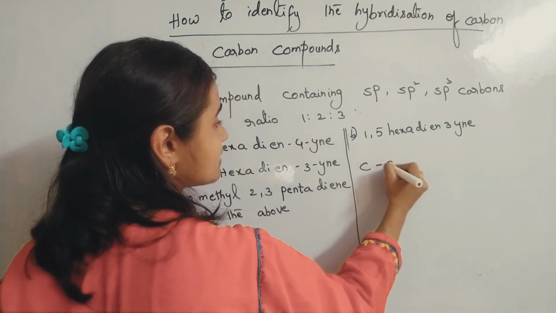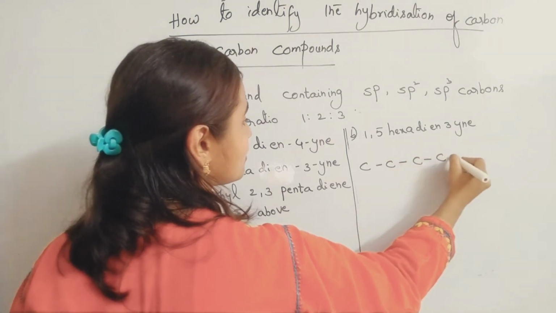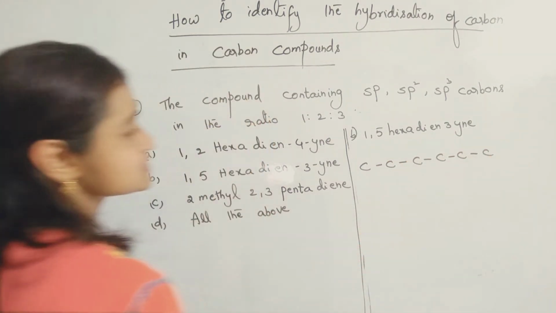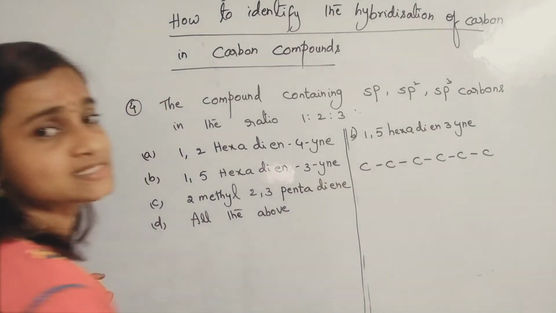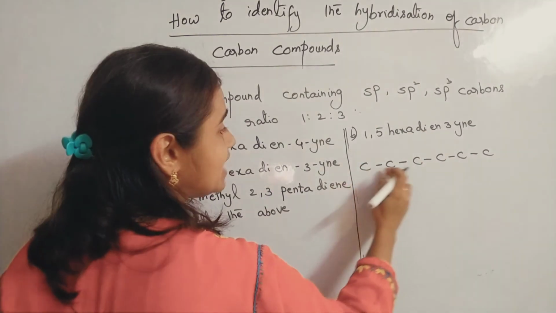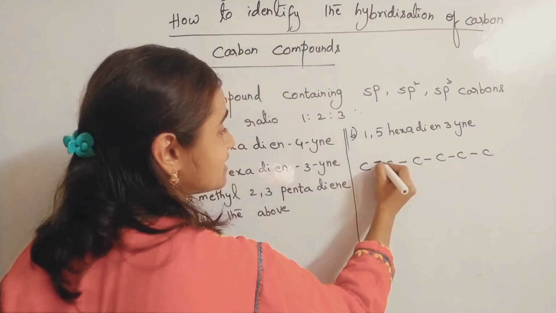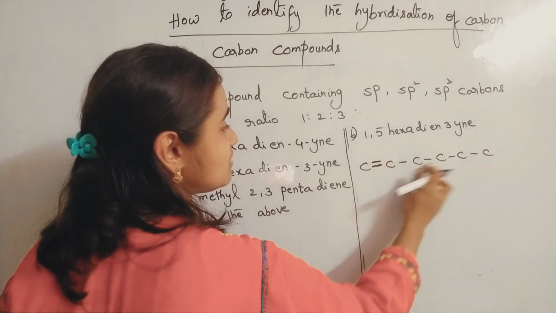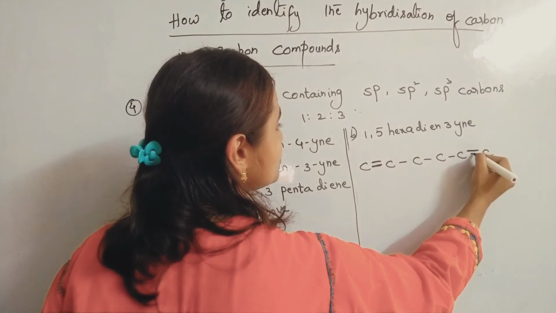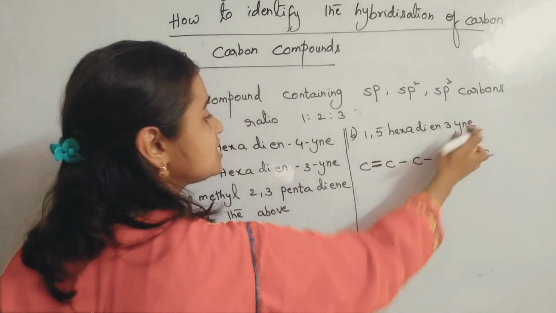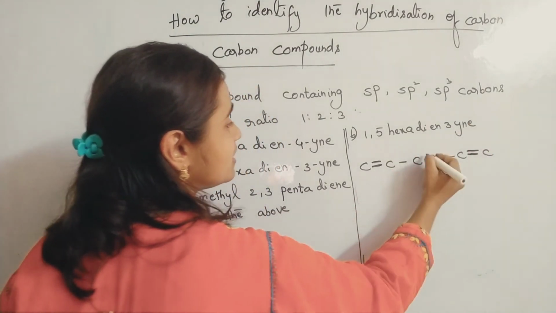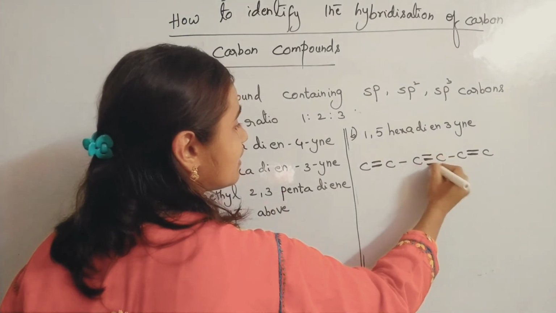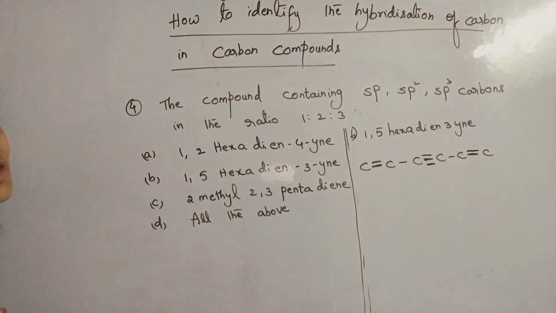Hexa means 6 carbons: 1, 2, 3, 4, 5, 6. In 1,5-hexadiene, the first and fifth carbons have double bonds, so 2 enes are there, and at the third position the yne is there. So the structure will be like this.